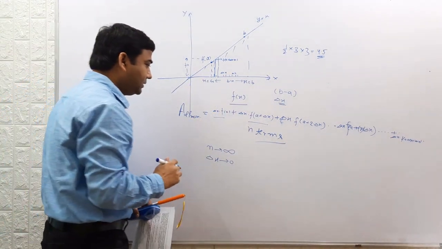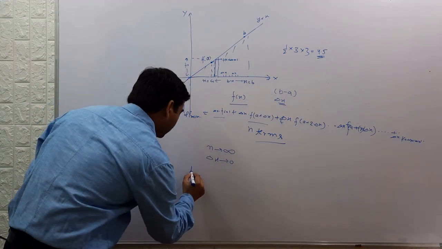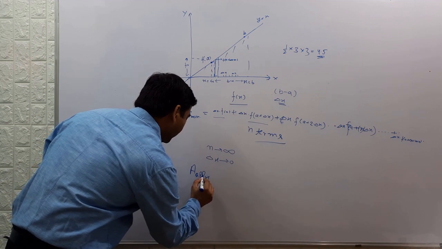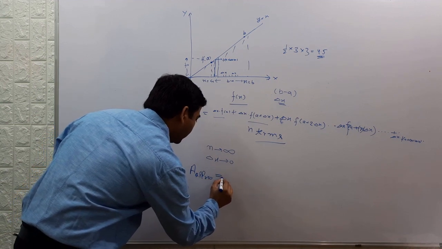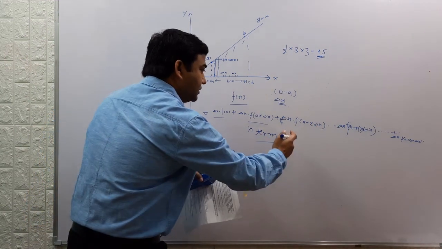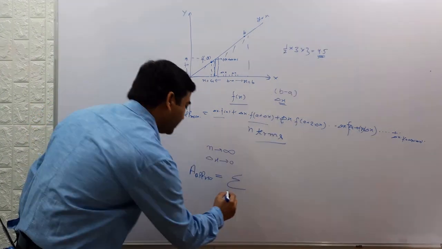So let us define this approximate area. Let us represent this series in terms of sigma.